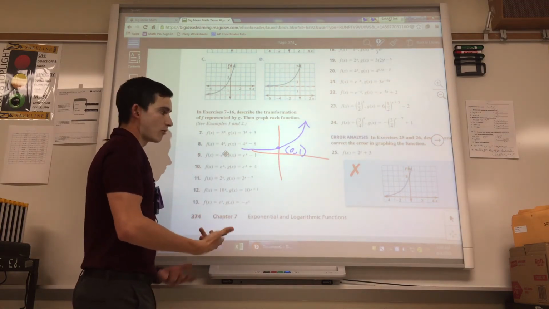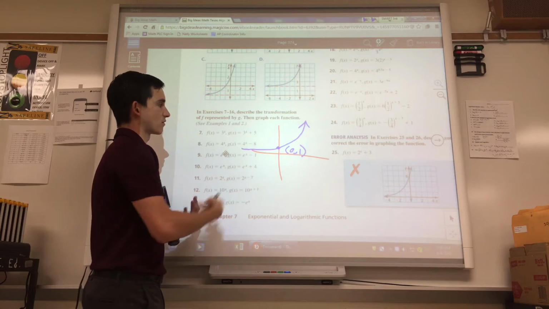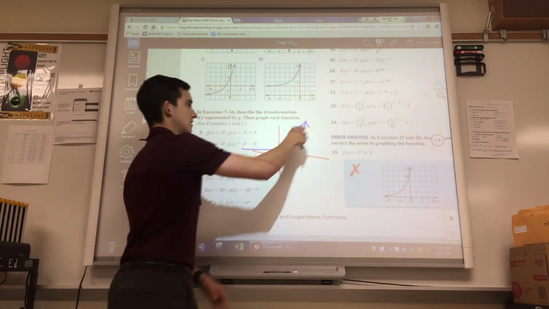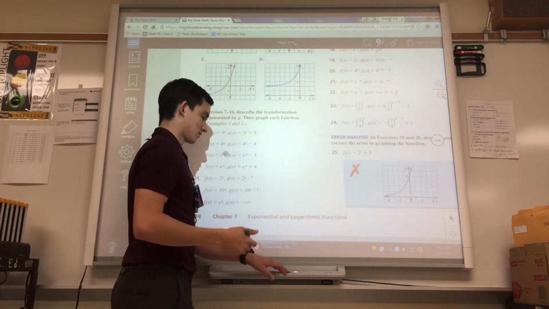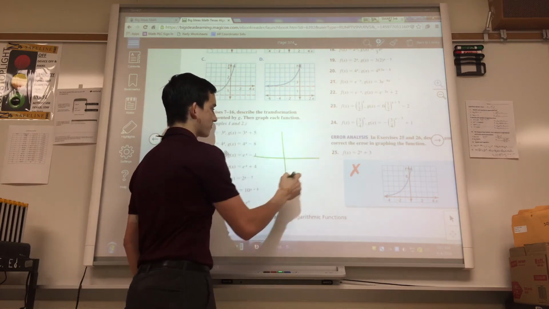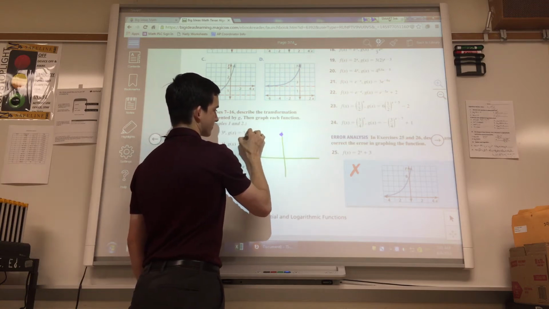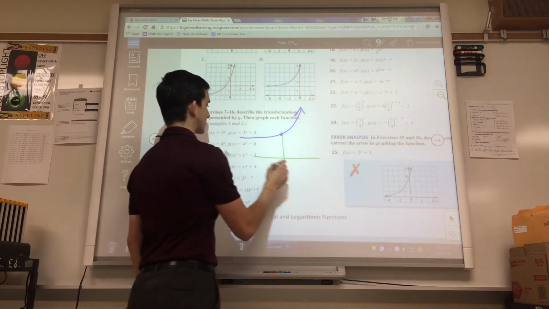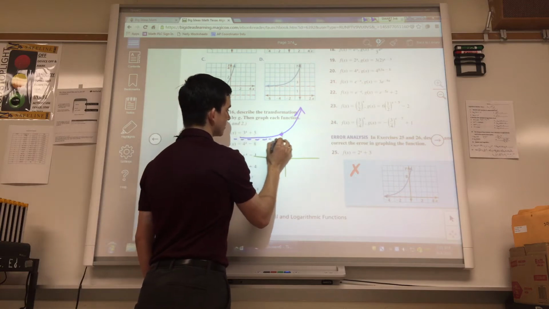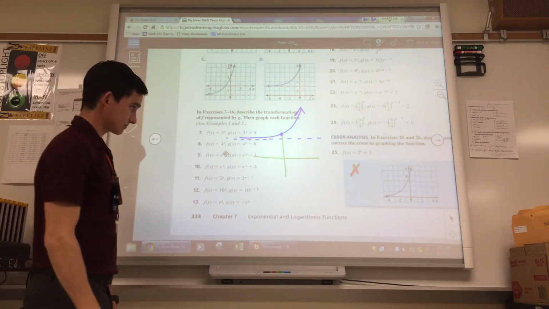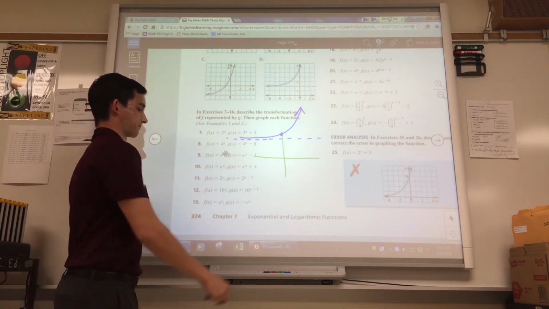Then I'm okay right now for you guys just to transform it by going up 5 from there. So let me go ahead and erase this. If it went through 0, 1, and I go up 5, now it's going to go through 0, 6. Something like that. And then realize there's that asymptote right there. So that would work for me.